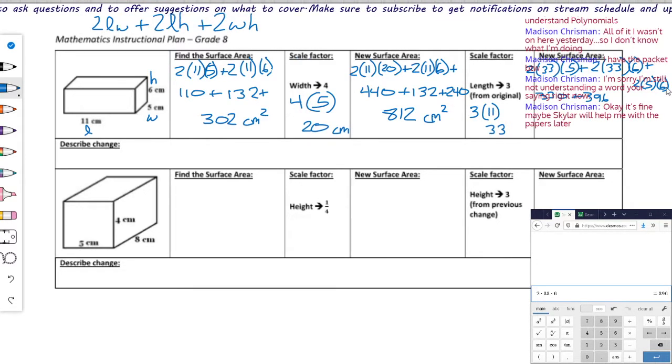And then 2 times 5 times 6, we've actually already done that. It was over here, and that was 60. I know I erased it already, I'm sorry, but it was 60. So then add these all up together. So 330 plus 396 plus 60. 786 centimeters squared.